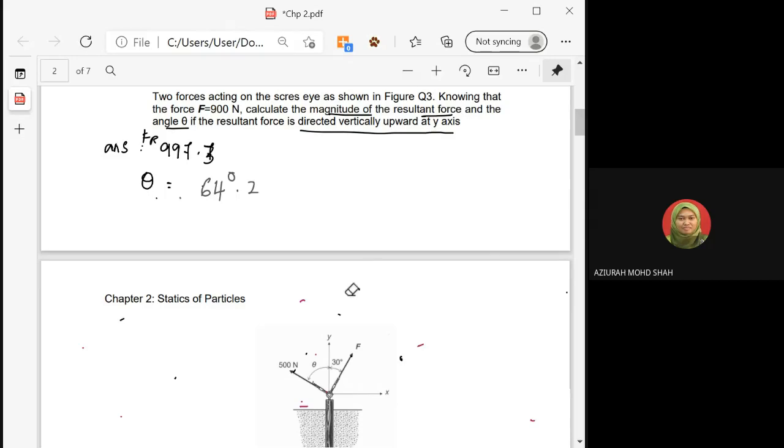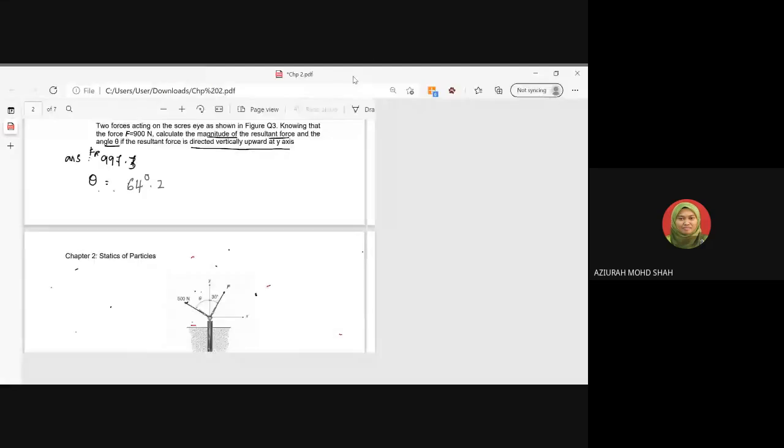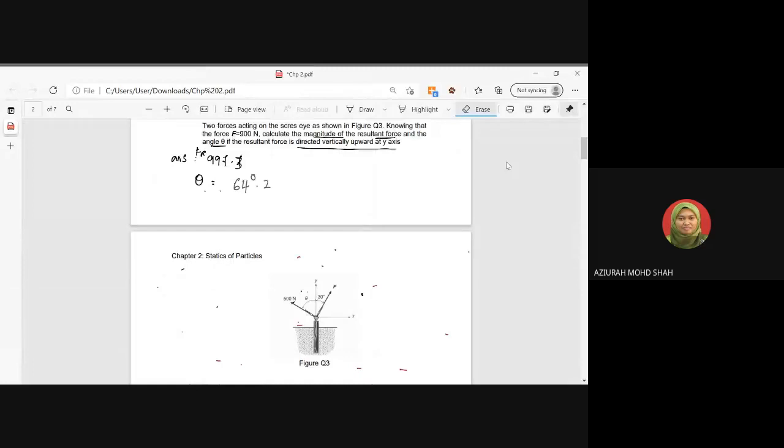Okay, so that we can see when we do trigonometric, we use triangle. We use cosine and sine law to obtain 997.3 as the magnitude of the resultant for this question. Tapi sekarang kita nak guna dia untuk nak cari menggunakan rectangular component.